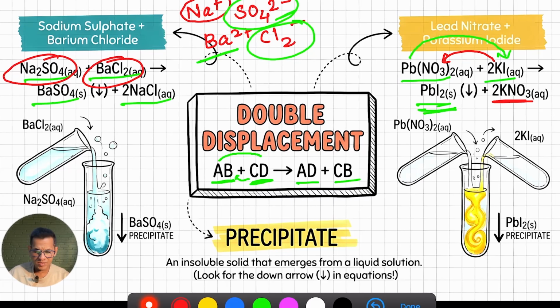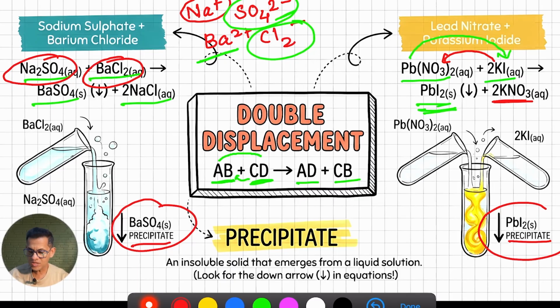Now in both these double displacement reactions, you can see I have shown something called a precipitate. What is a precipitate? A precipitate is an insoluble substance formed during a chemical reaction. You see a powder-like substance formed in the solution here. In this case, the precipitate of barium sulfate is formed in the first reaction.